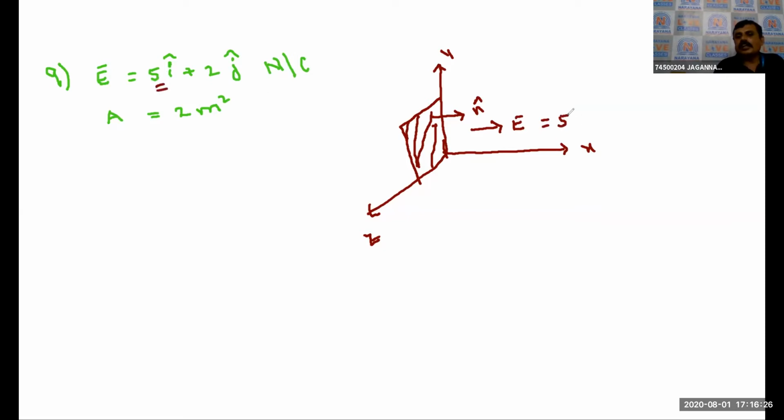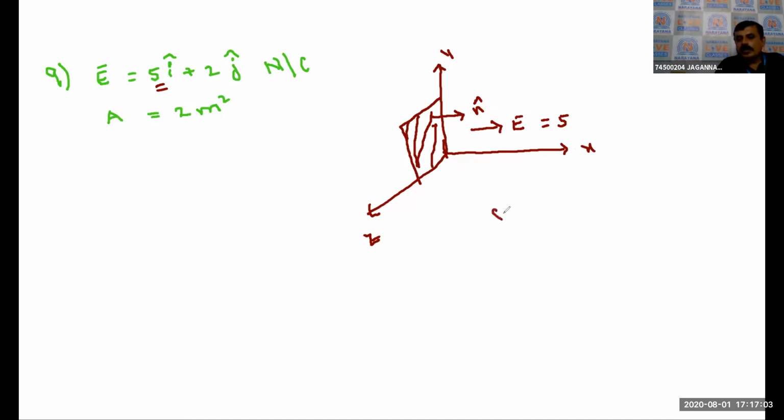Along the j-axis and also the z-axis electric field is present, but the surface is not enclosed along the j-axis, and also not along the z-axis. So the surface is only perpendicular to the x-axis and lying in the YZ plane. So the electric field along the x-axis is given as 5.